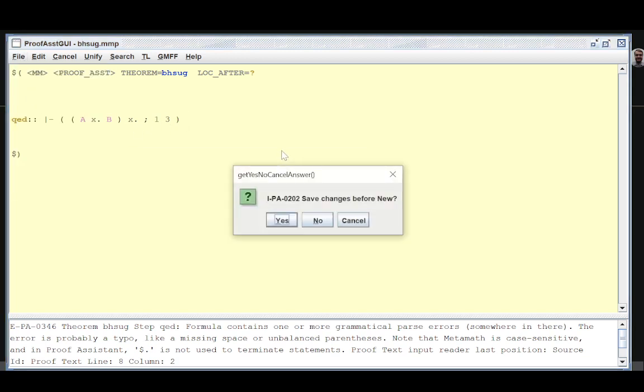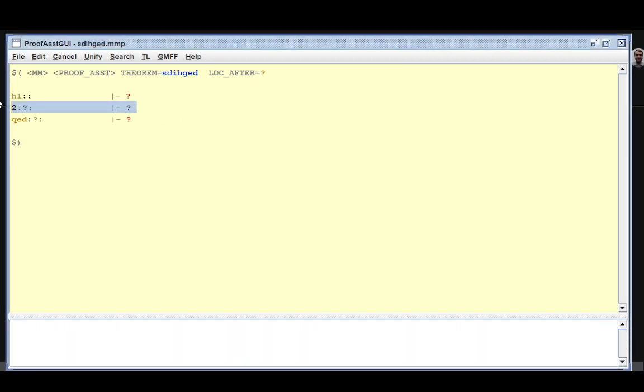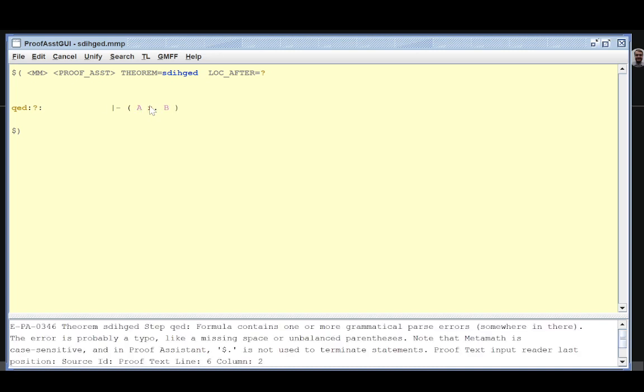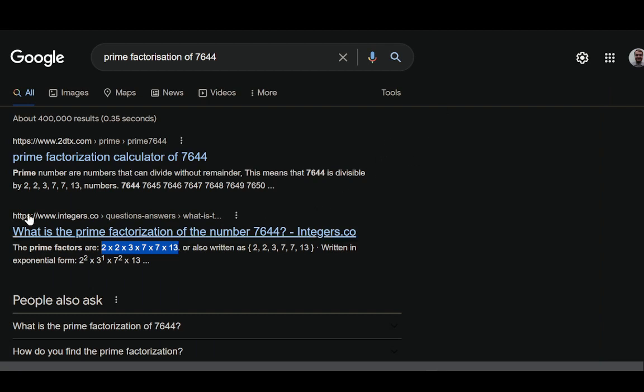Okay, new proof. Let's just wonder if I messed it up somehow there. Okay. Let's try A times B. That's weird. All right, 7 times 3 equals 13. Okay. Was that the problem? That I had too much other stuff? 2 squared, 3, 7 squared, 13.